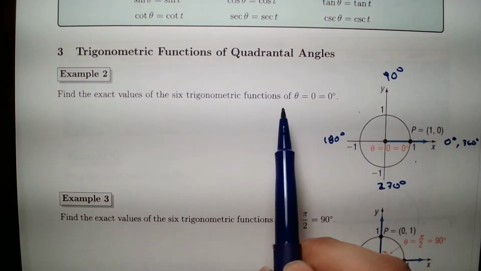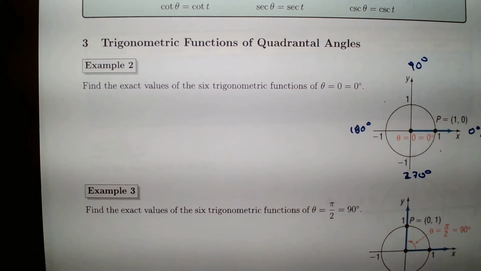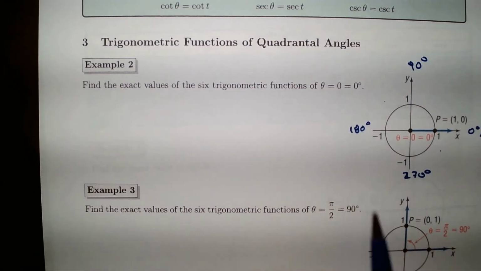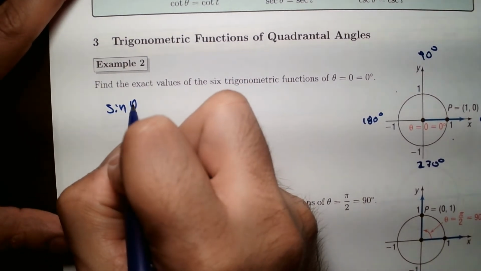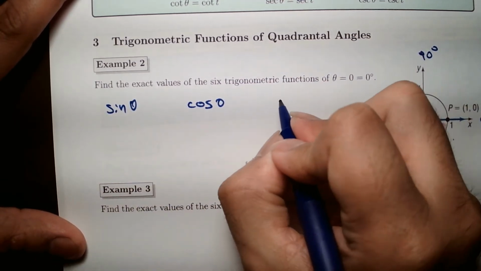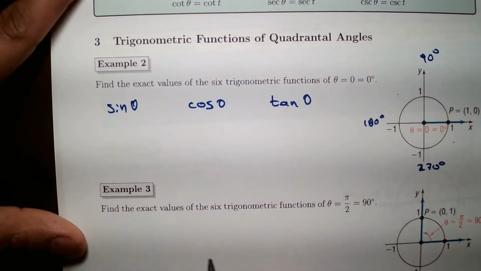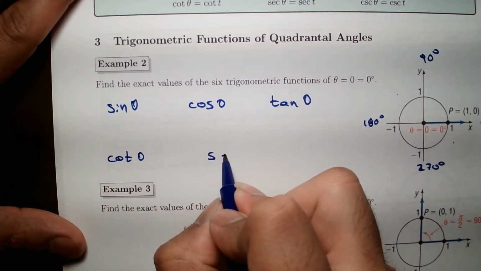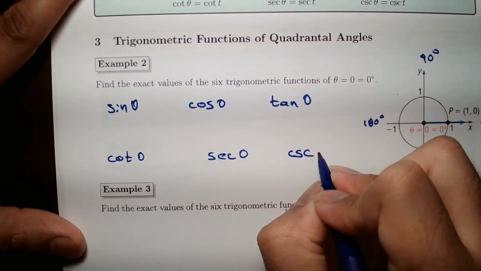Okay, so let's find the exact values of the 6 trigonometric functions of theta equals 0. Notice I'm writing 0 in radians, which is the same as 0 in degrees. All right, so let's list: sine of 0, cosine of 0, tangent of 0, and cotangent of 0, secant of 0, and cosecant of 0.